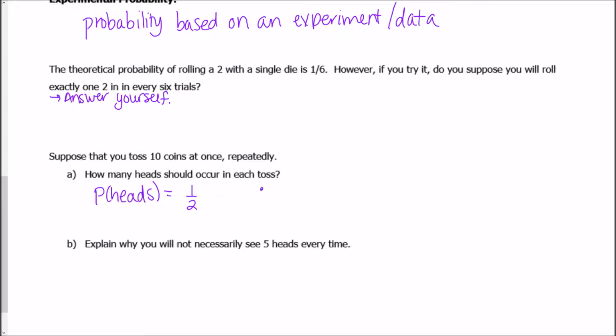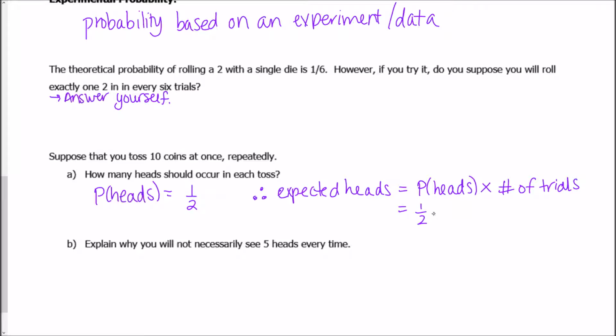Therefore, we can conclude that the number of expected heads is equal to the probability of heads times the number of trials. So the probability of heads is 1 out of 2, multiplied by 10 trials because there are 10 coins, so you would expect 5 heads. Half of 10 is 5.